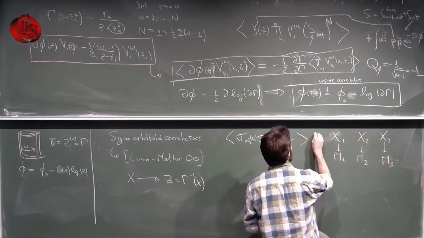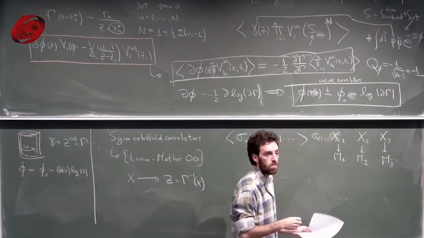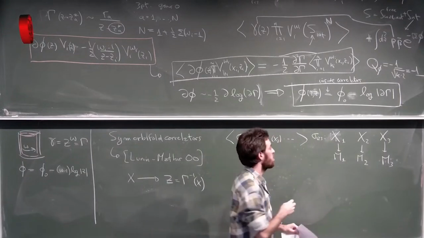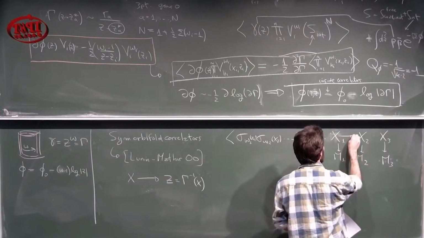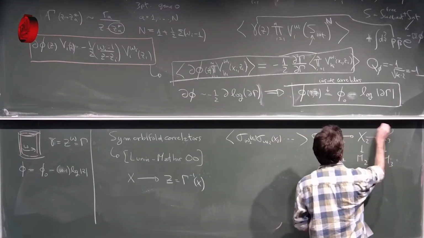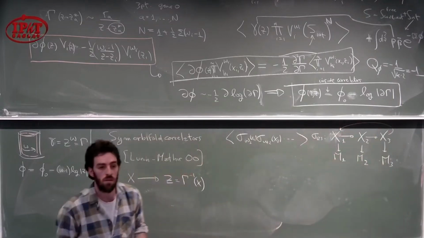And if you say, for example, I want to act with sigma 1, 2, 3, what this does is it tells you that when you go once around the physical space, the boundary conditions are twisted so that x1 goes into x2, x2 goes into x3, and x3 goes into x1. That's what the twist operator does.